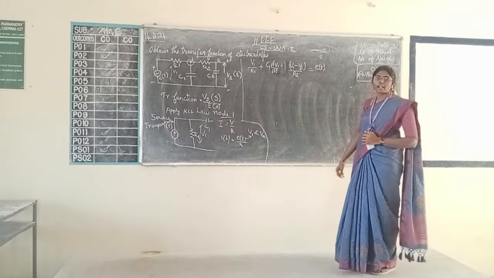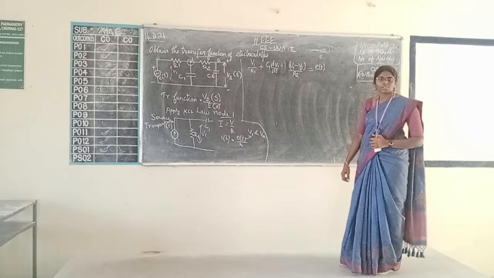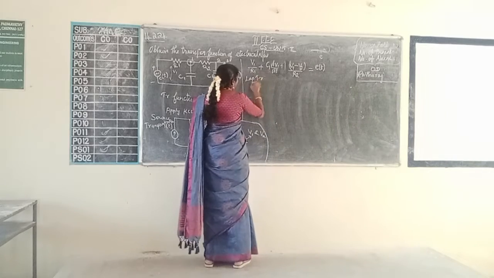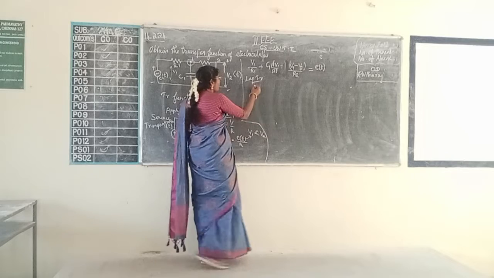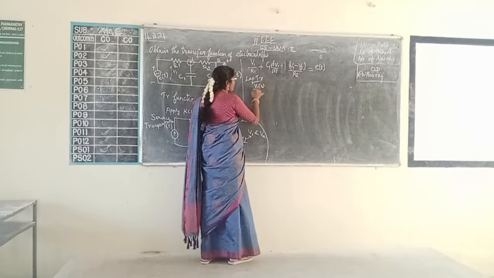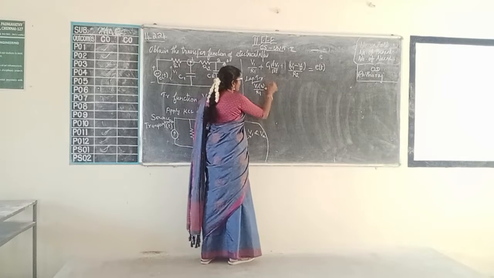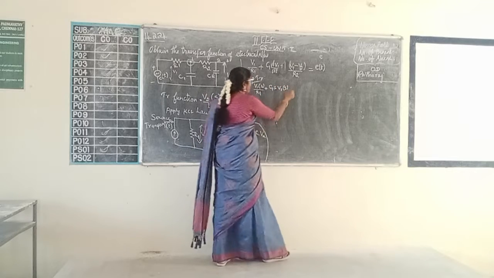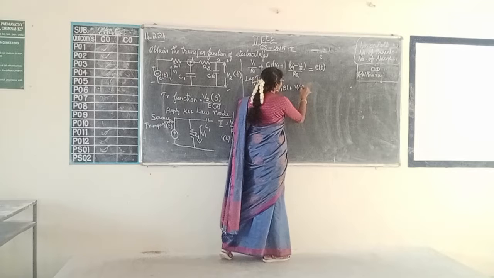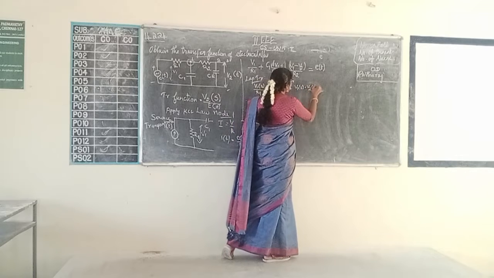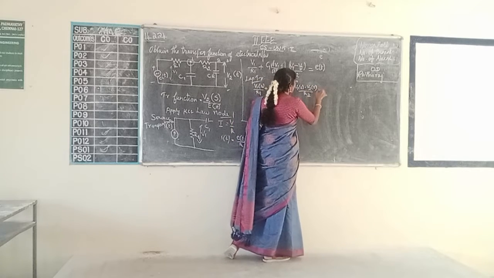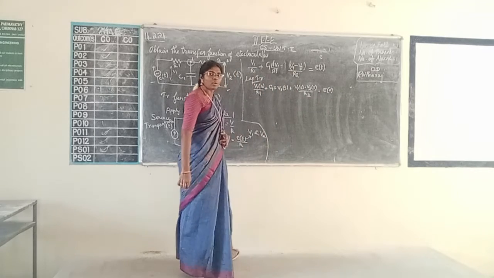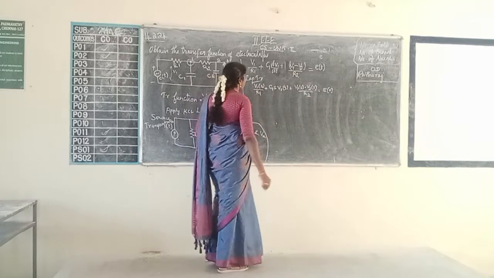Now after that, what do we have to do? We have to take the Laplace transform. So the Laplace transform of the above equation gives: V1 of s by R1 plus C1 into s into V1 of s plus V1 of s minus V2 of s by R2 is equal to capital E of s. Okay, and next, what you have to do?